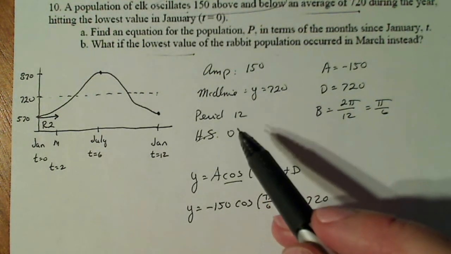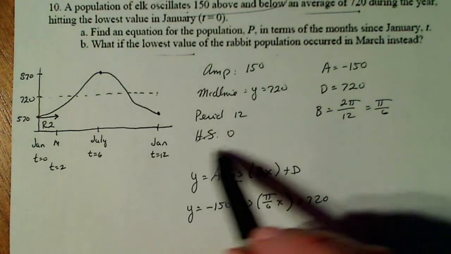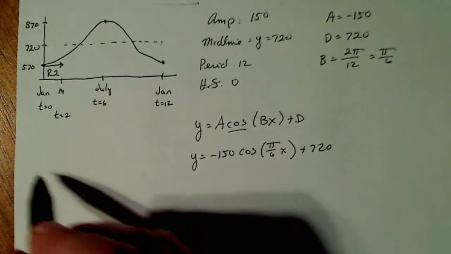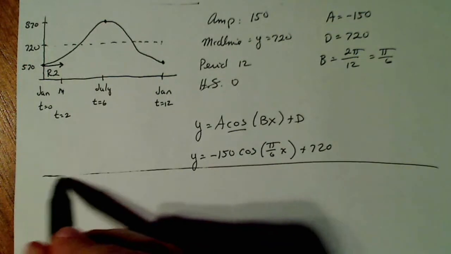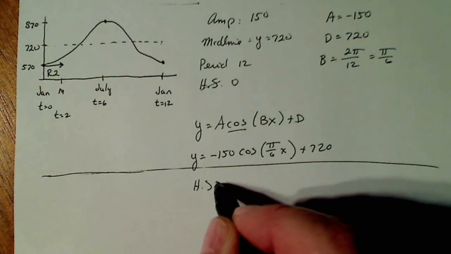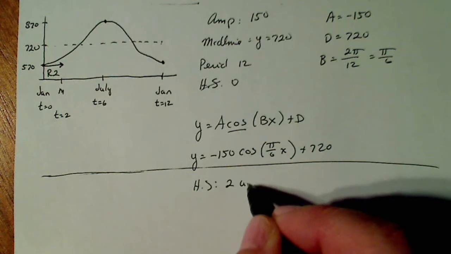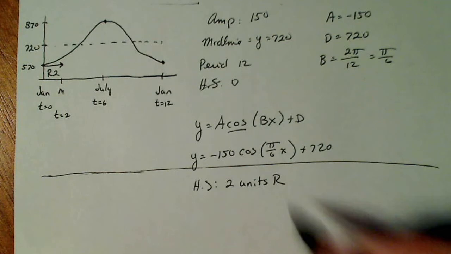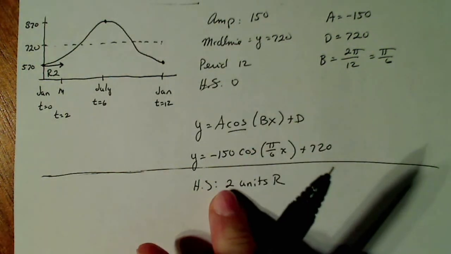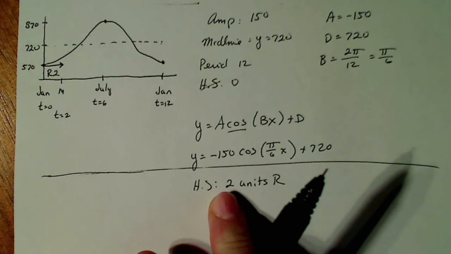So everything is going to stay the same except for instead of having no horizontal shift, my horizontal shift now is going to be 2 units to the right. Everything else stays the same.